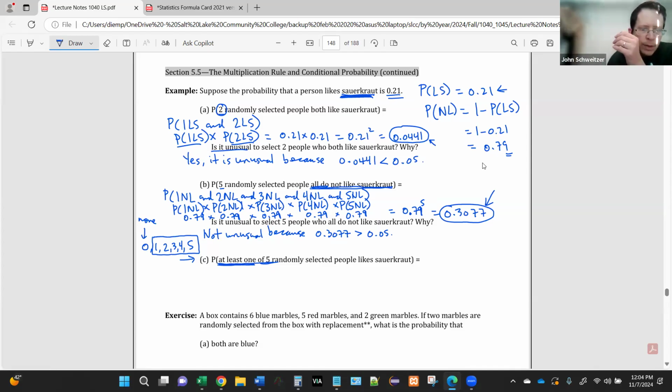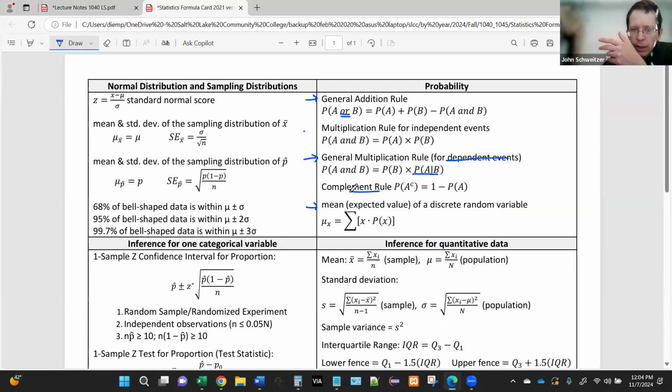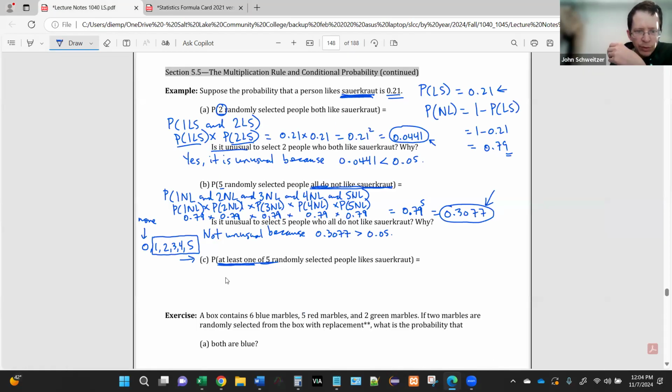Okay, so since they're complementary, we can use the complement rule, right? So what's the complement rule? Well, again, if it's like rain and not rain, the probability of the complement is 1 minus the probability of the event. So what I'm saying is that the probability of at least 1, I'm going to abbreviate it here, AL1, since it's the complement of none, should be 1 minus the probability of none.